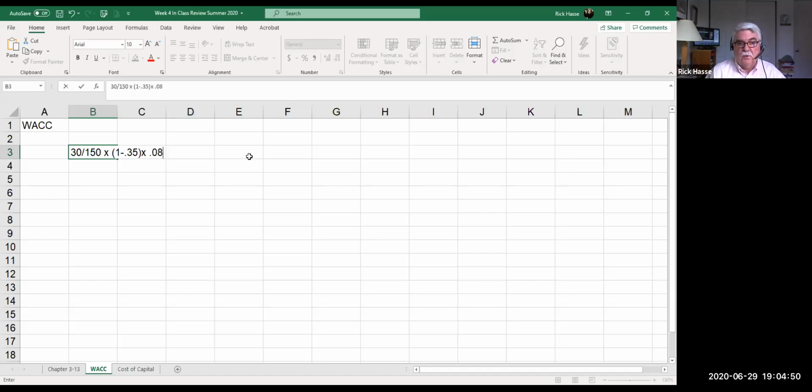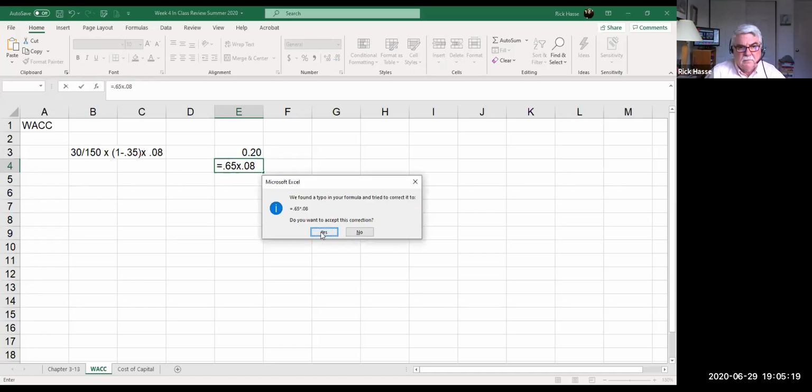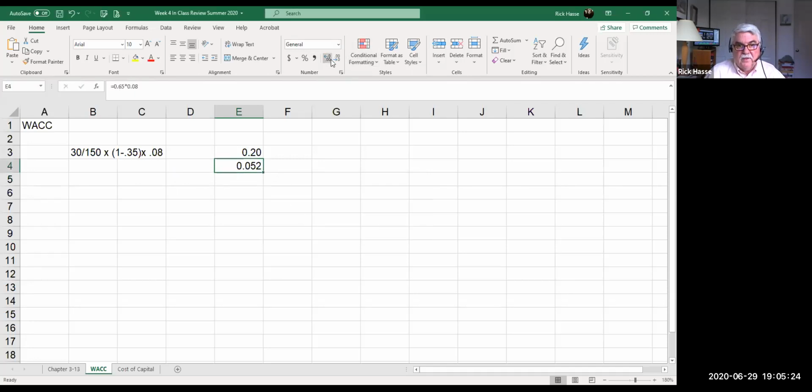So let's just do that little portion there. 30 as a percentage of 150, that's 20%, all right? 0.65 is our after-tax, taking out tax, times 8%: 5.2%.